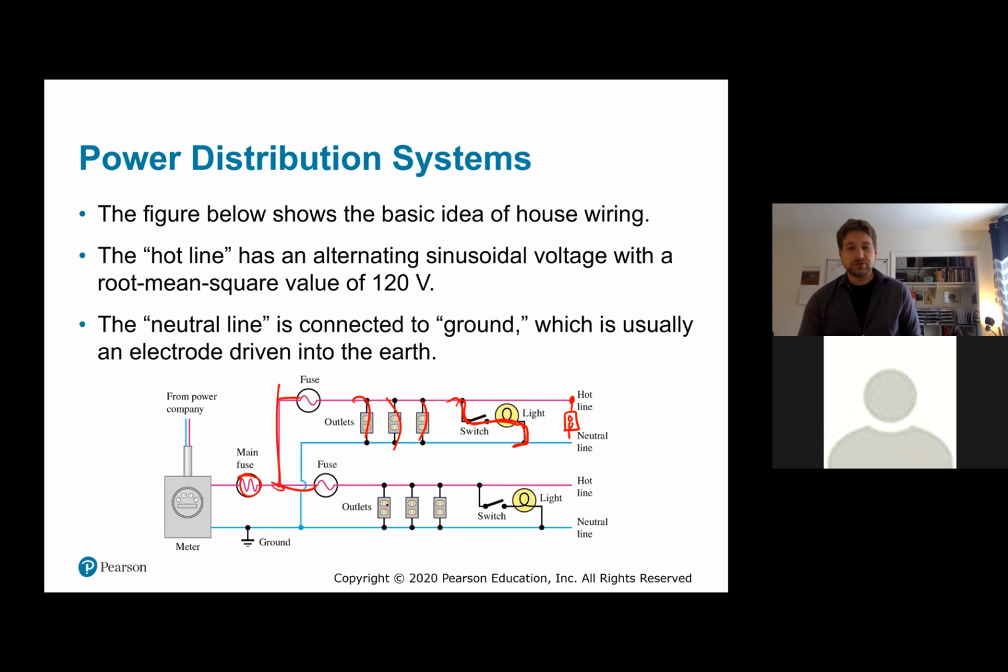If we look at the diagram, we've got a hot line of positive potential difference relative to the neutral line. That's all that means. So two lines is all we need, two prongs. What's the third one for?